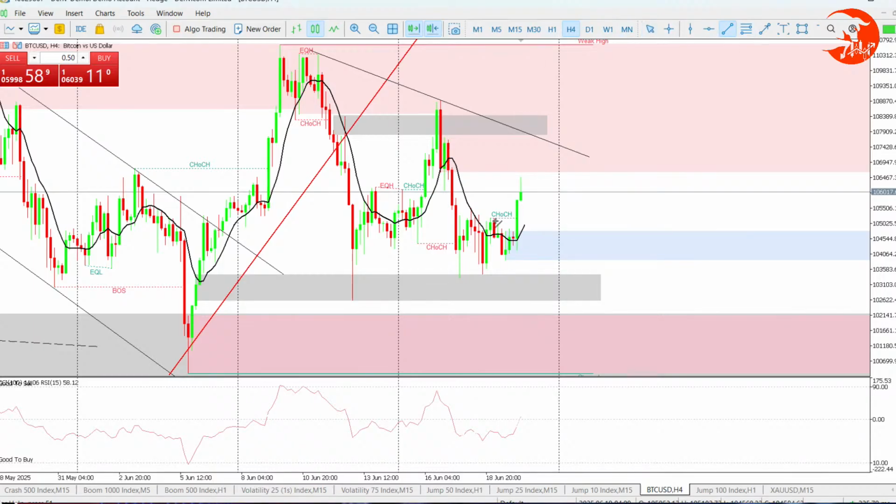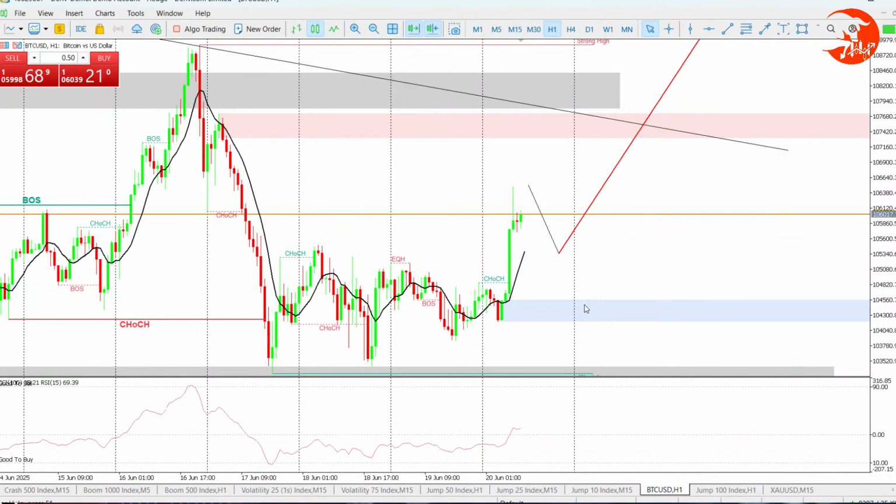Even right about now, we have a change of character on that level, and that is a good thing. Then we can anticipate a retest between here, and then we get into buys once again.